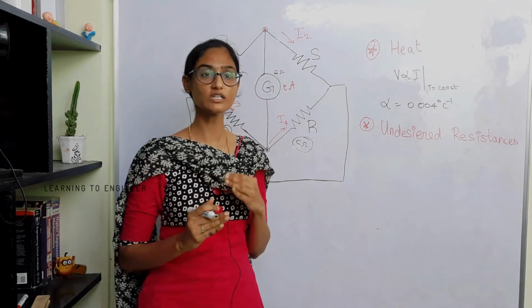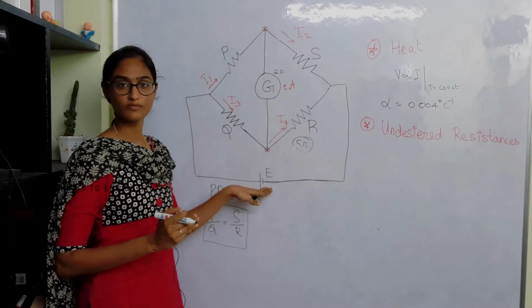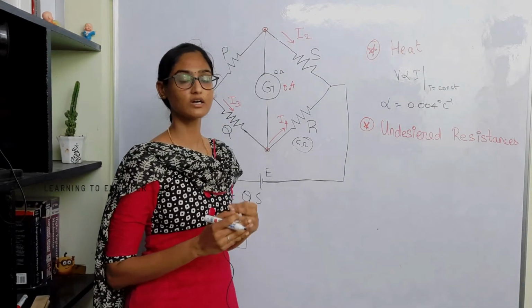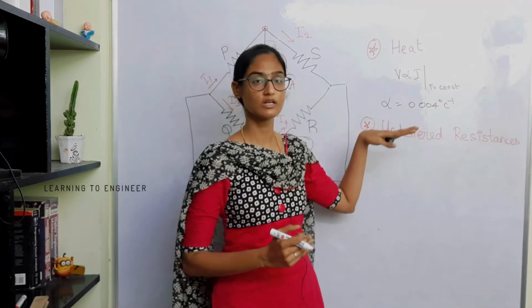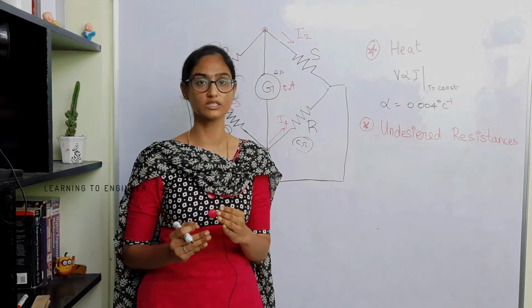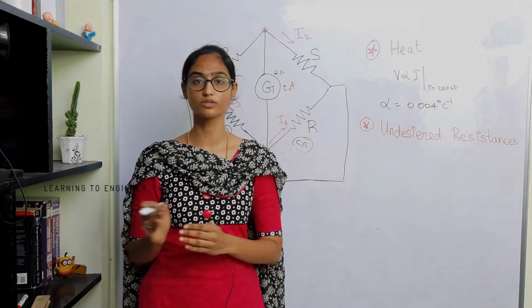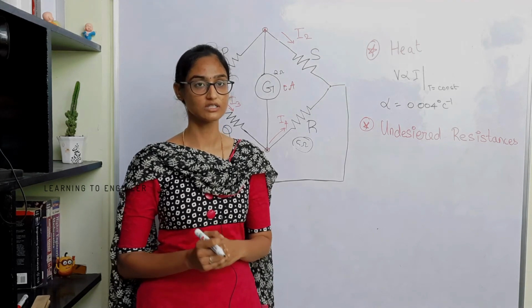So when you consider the heating effects of current, say you are supplying 100 volt in this circuit, when you have more voltage supplied, more will be the heating effect. So this alpha value will contribute to a significant amount of resistance, which is exclusively due to the temperature. So due to all these effects, you will get some errors in this method.